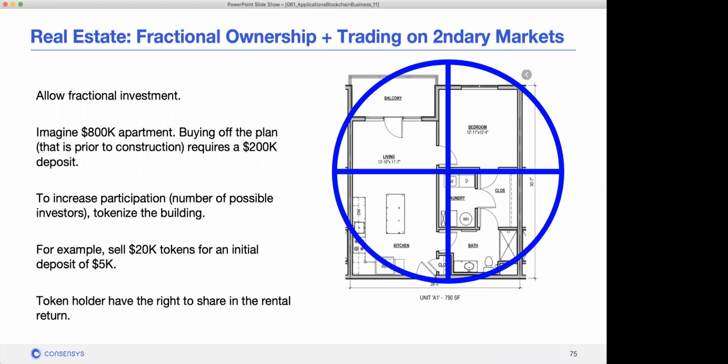So you could sell $20,000 tokens with an initial deposit of $5,000, and it would allow you to trade your ownership. Also, the token holders, once the flat is built, would then have the right to share in the rental return of the apartment.